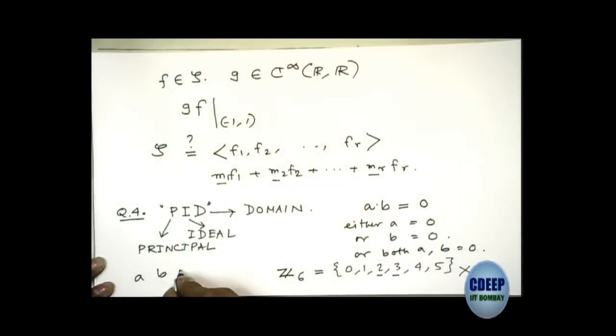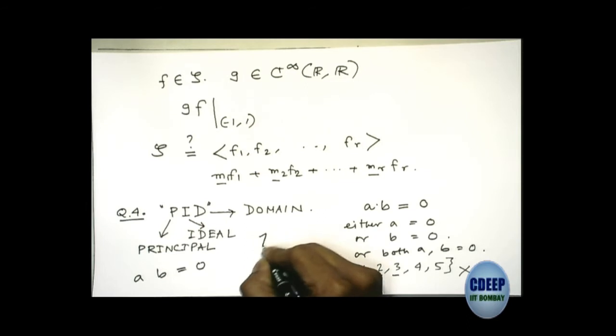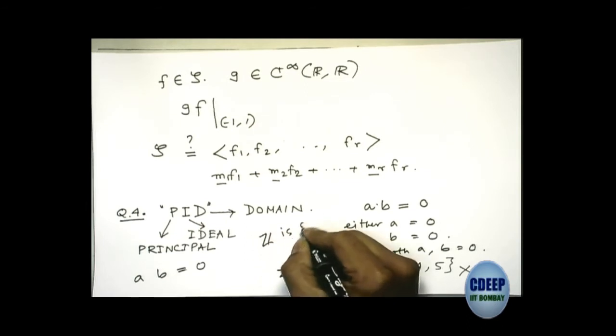If somebody tells us that this is an integer and their product is 0, then you can certainly say that either a is 0 or b is 0 or both are 0, otherwise it's not possible. So Z is indeed an integral domain.